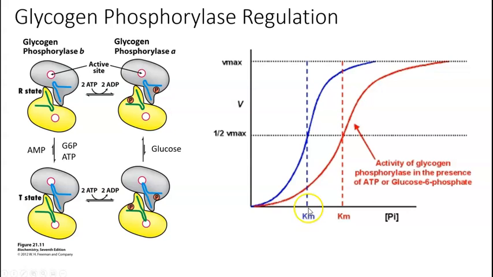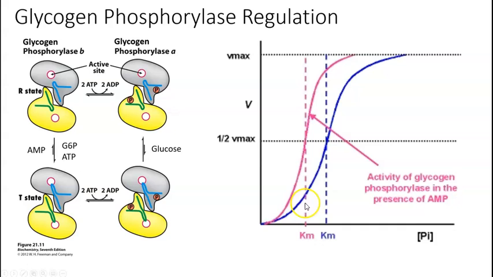So the lower the concentration number, the better it can grab things than, for example, in the presence of ATP or glucose 6-phosphate, which reduces that activity or the ability to bind. So that affinity is reduced because this number is bigger. We need more concentration of substrate in order for half of the sites to be bound. So this slows down the speed of the enzymatic reaction.